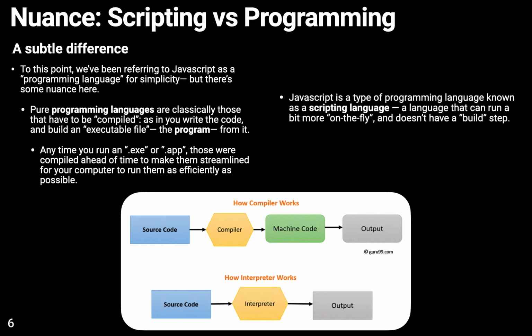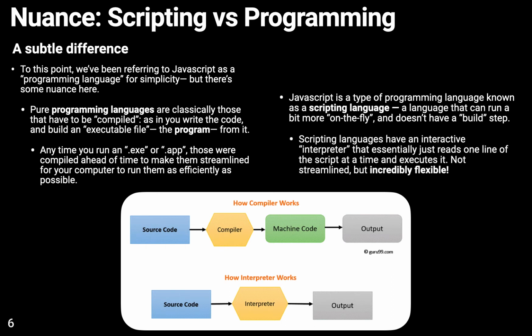Scripting, on the other hand, JavaScript is a scripting language, and scripts can happen a little bit more on the fly. There's no build step. You don't have to compile it down into a very specific piece of machine code for one computer. You can pretty much run scripts anywhere that there is an interpreter installed. So interpreters are the thing that sits there waiting to read lines of the programming language one at a time, and it just runs them, right?